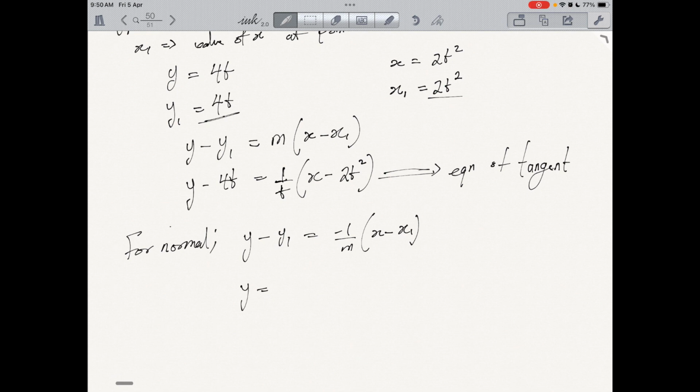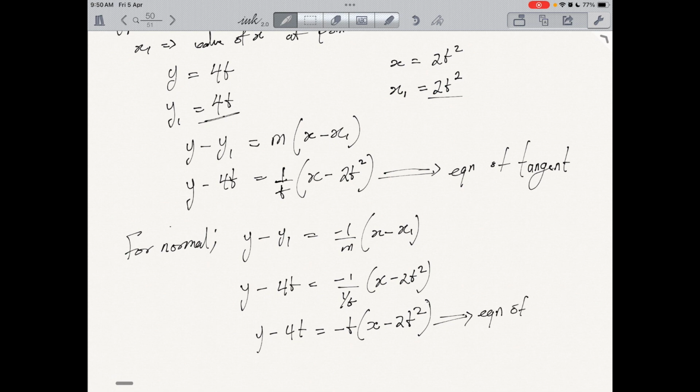That's y minus 4t is equal to minus 1 over (1 over t) of x minus 2t squared. Now this is y minus 4t equals minus t into x minus 2t squared. Now this is our equation of normal.